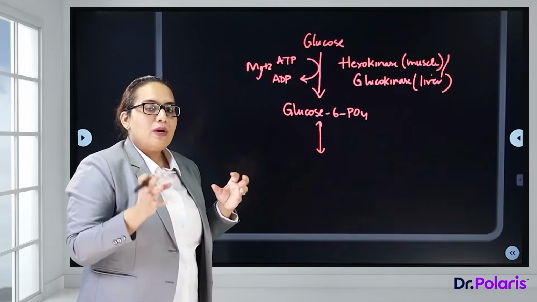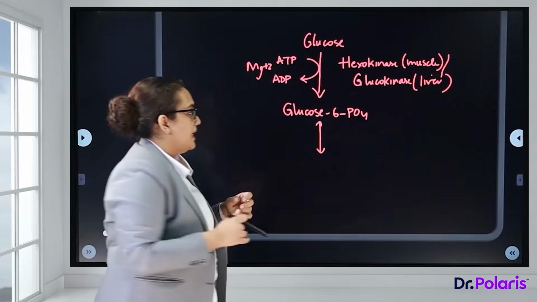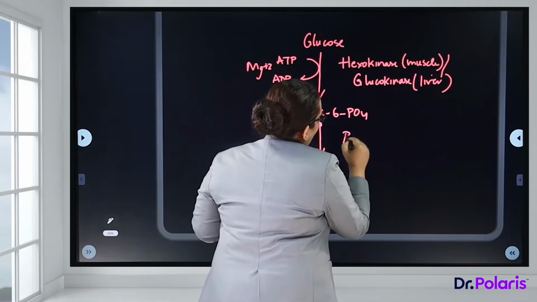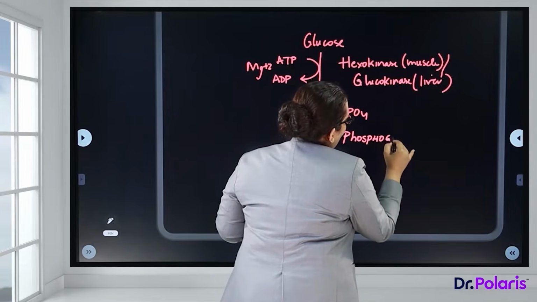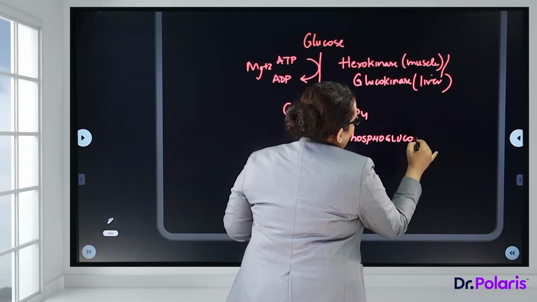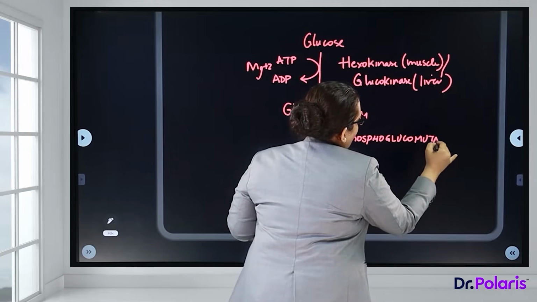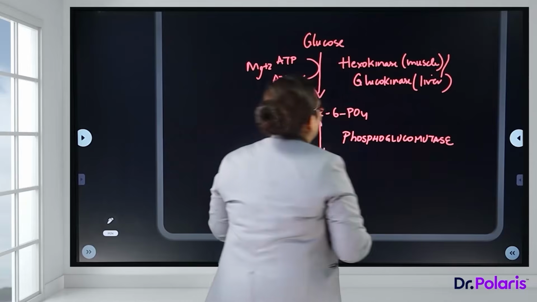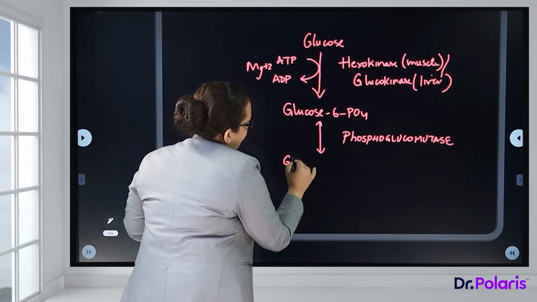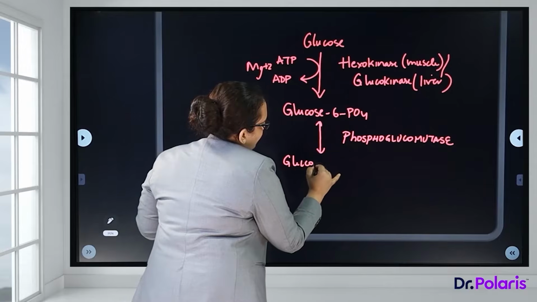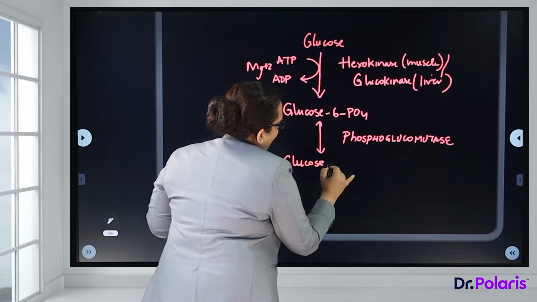And the enzyme that is required for this shifting is known as phosphoglucomutase. This is a reversible reaction. In the next step, we get glucose 1-phosphate.